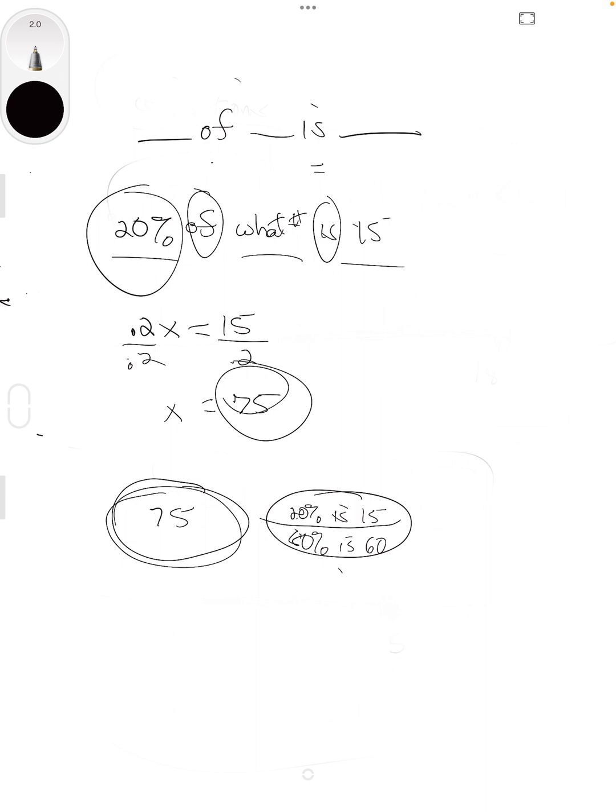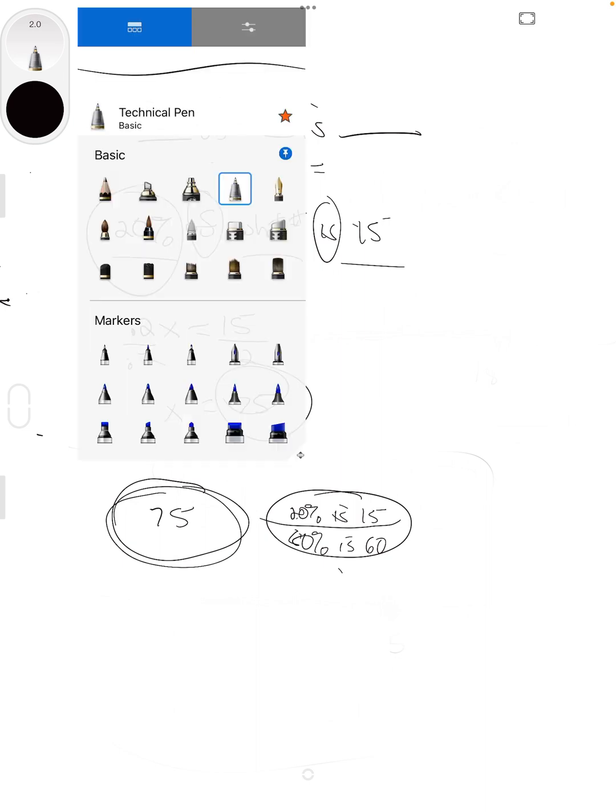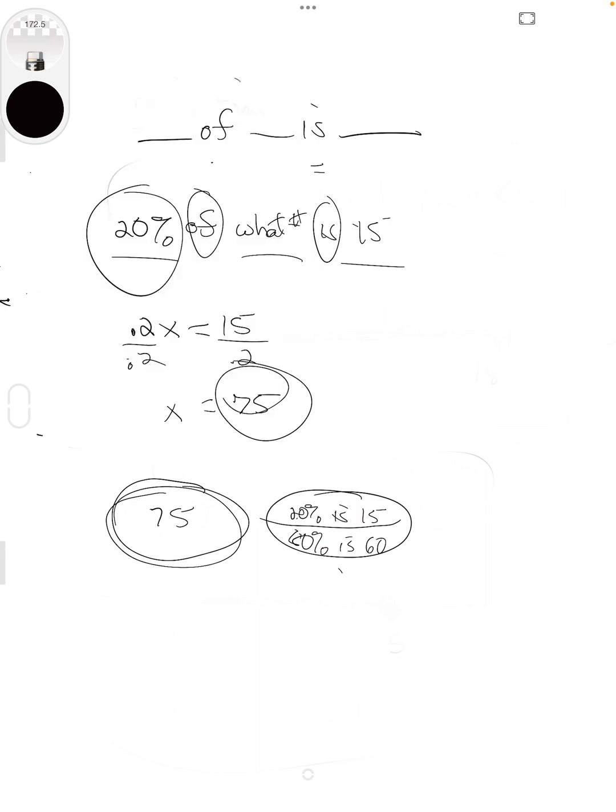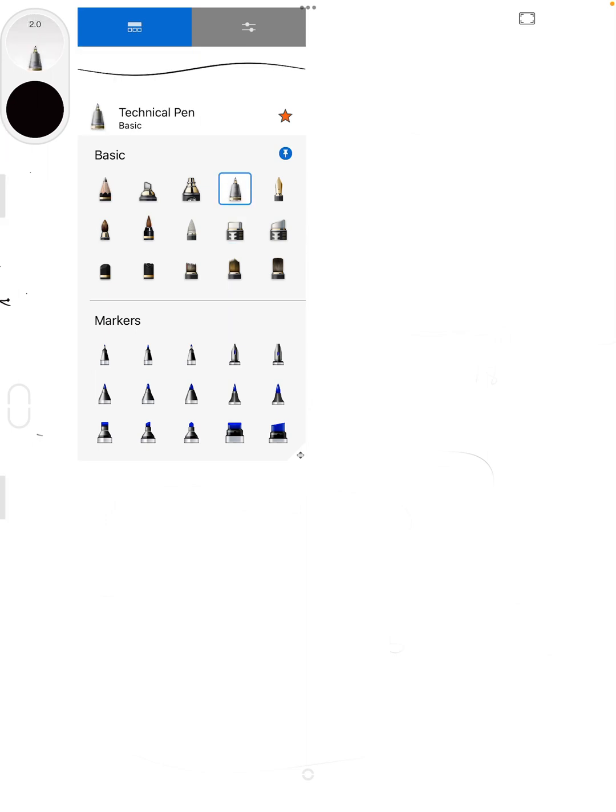So let me give you an example of an exact problem you might see in homework. This will be practice problem A. 20% of what number is 800?